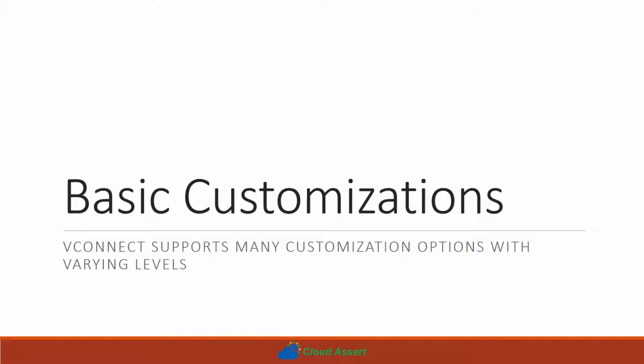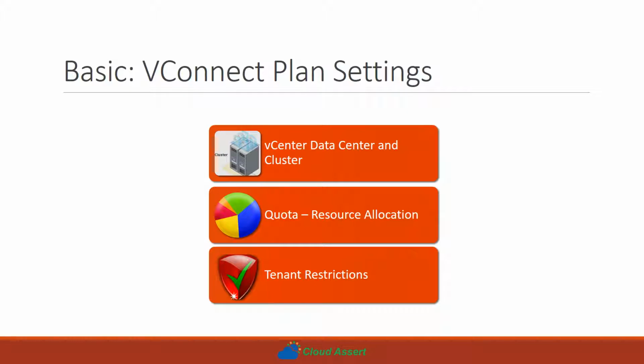So let's start with some of the basic customizations that are available with vConnect. There are certain settings that can be leveraged to influence the end user's, the tenant user's, experience in the tenant portal. It starts with setting up the plan settings in the Azure Pack admin portal.